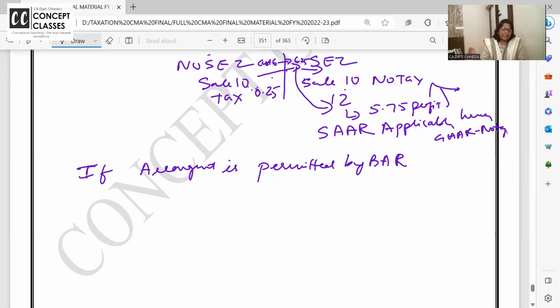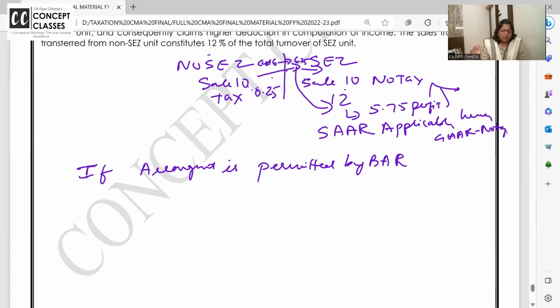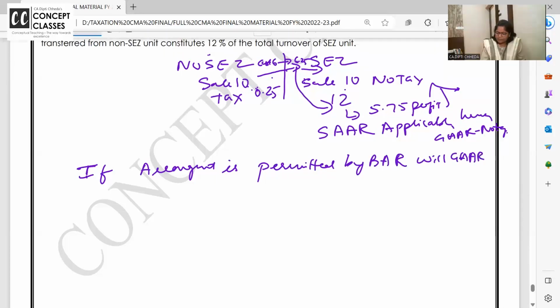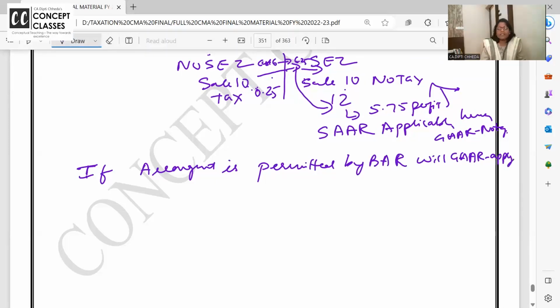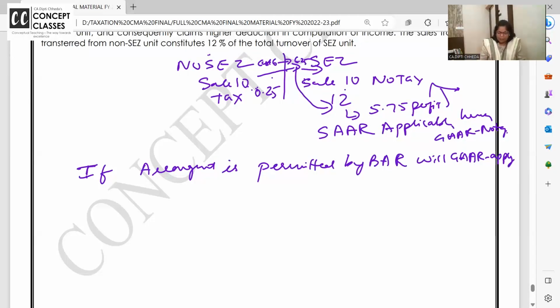Board for Advance Ruling कि हाँ इस टाइप का arrangement करो, कोई प्रॉब्लम नहीं है, तो will GAAR apply to that? GAAR is overriding DTAA, but will GAAR apply? If arrangement is permitted by BAR, will GAAR apply to that? Answer is no.